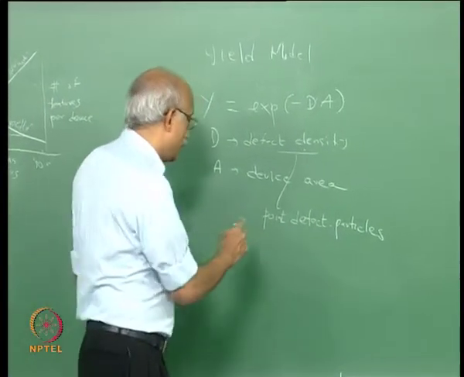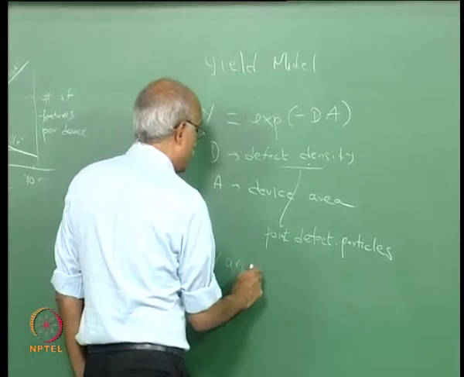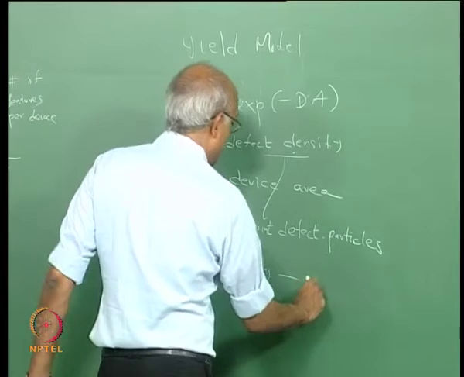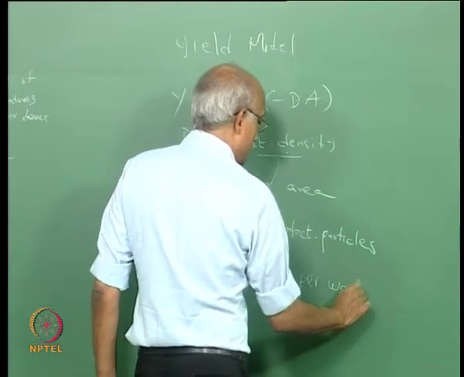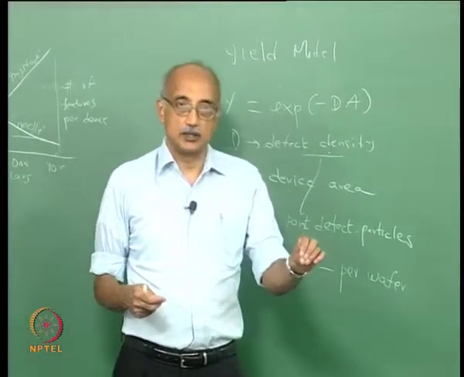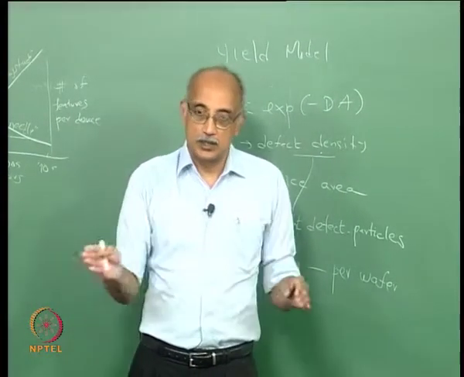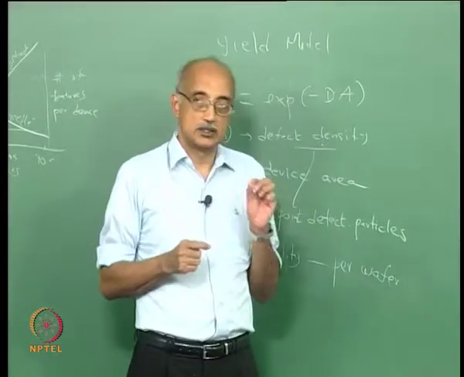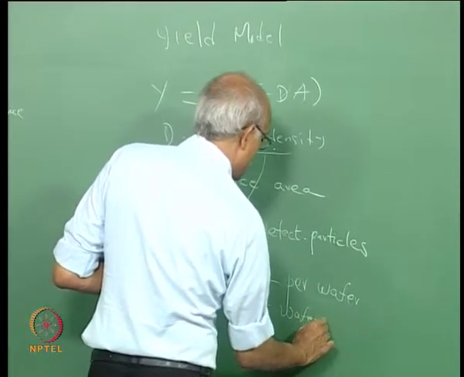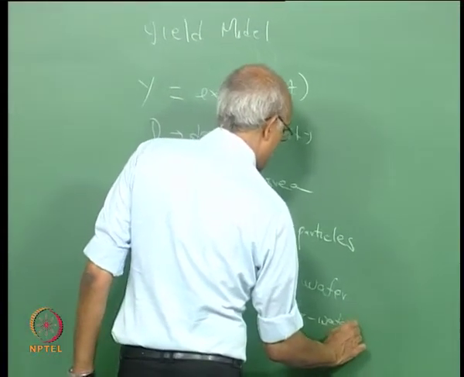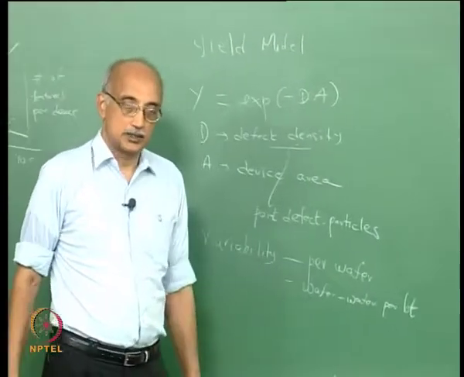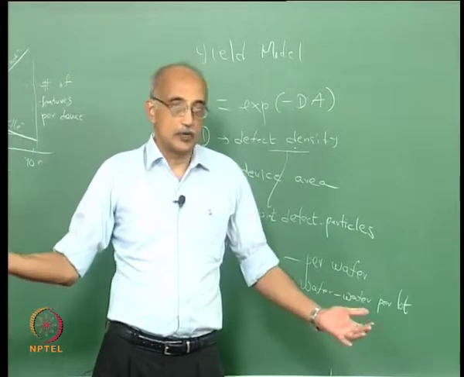When you talk about variability, there is really three kinds of variability. The variability could be per wafer. So, on the same wafer you may have a lot of defects in one area and few defects in the other area. So, there could be a variability per single wafer, or there could be wafer to wafer variability per lot. So, let us say that you run the shift and you produce 100 wafers.